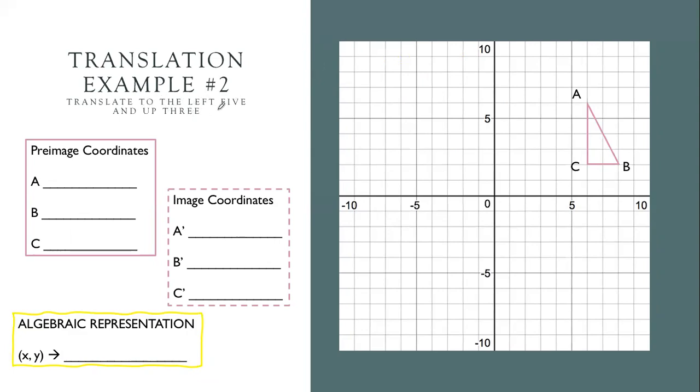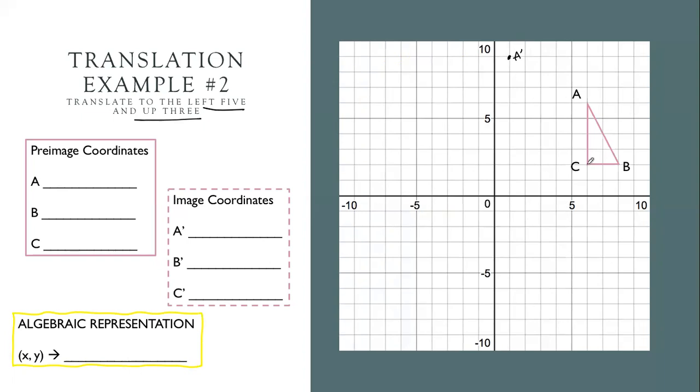Okay, translation example number 2. We want to translate this to the left 5 and up 3. So let's do A first. A to the left 5, 1, 2, 3, 4, 5, and up 3. 1, 2, 3. So here's A prime.